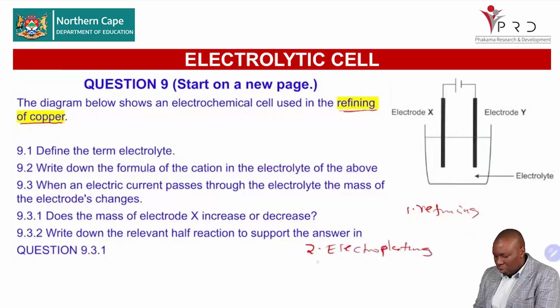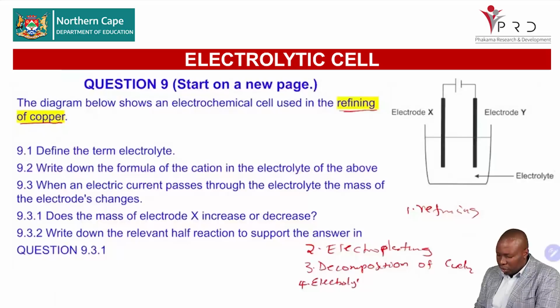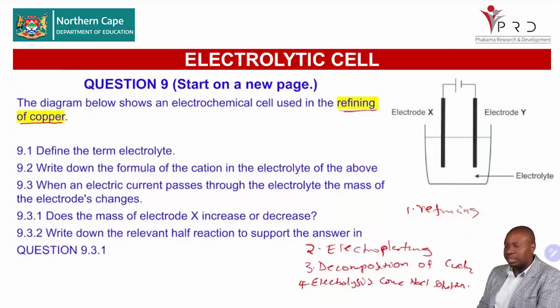Number 3, decomposition of copper chloride solution. And number 4, electrolysis of concentrated sodium chloride solution. So those are the 4 processes.